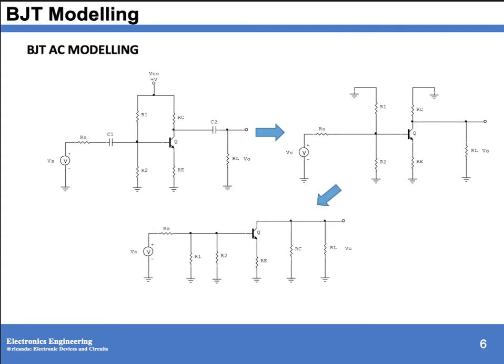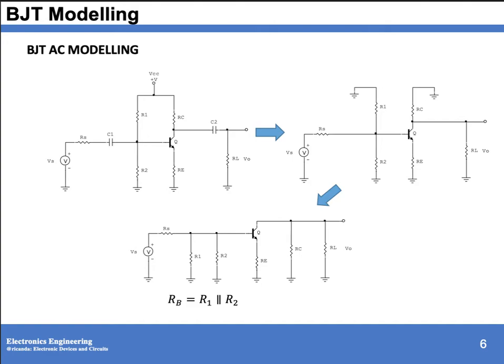So we have to rewrite your circuit in this manner, where all your grounds are connected at the level of the ground symbol. So we have R1, which is now in parallel with R2, and your RC, which is now in parallel with RL. And remember that your amplifier is the component from R1 up to RC. Then since R1 is in parallel with R2, we call this one RB.